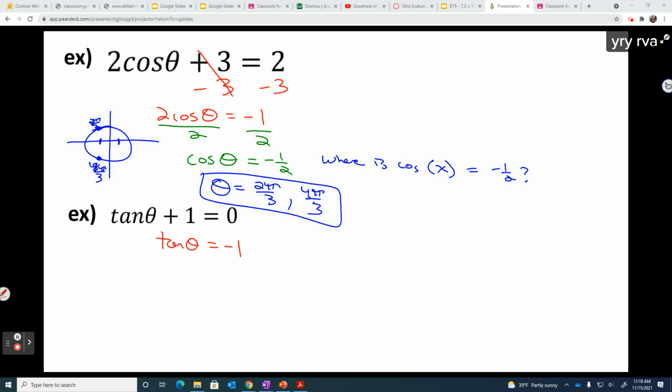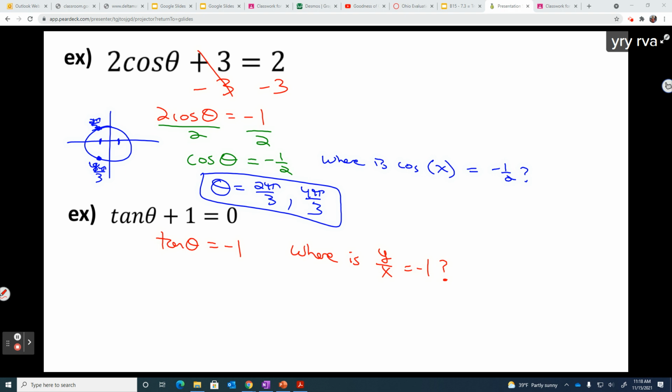Now this is where it gets just a little bit more challenging because tangent isn't just an x or a y, it's an x and a y put together, right? Tangent is, here's the question we're asking. Where is y over x equal to negative 1? It's a little bit more challenging because we got to think of this as a fraction.